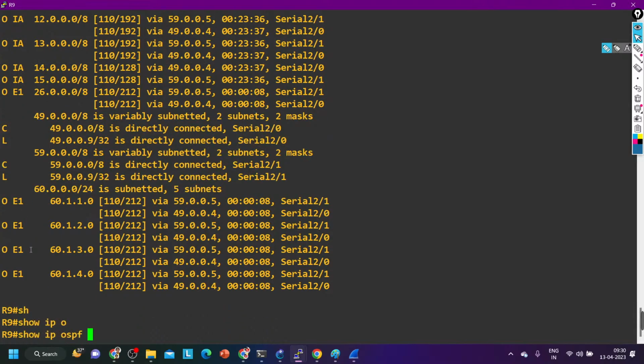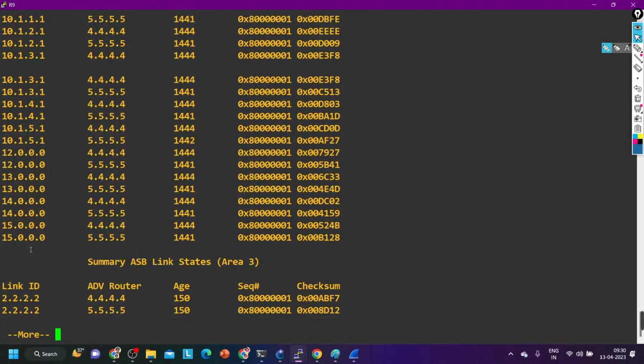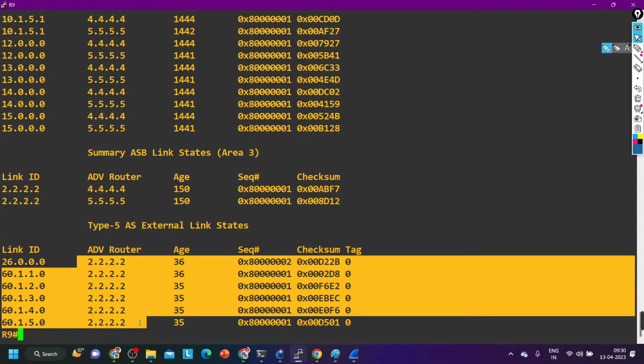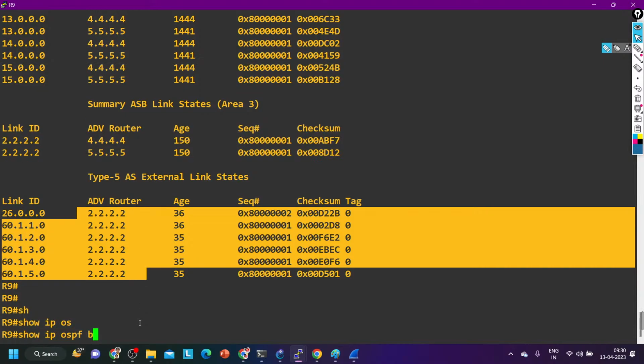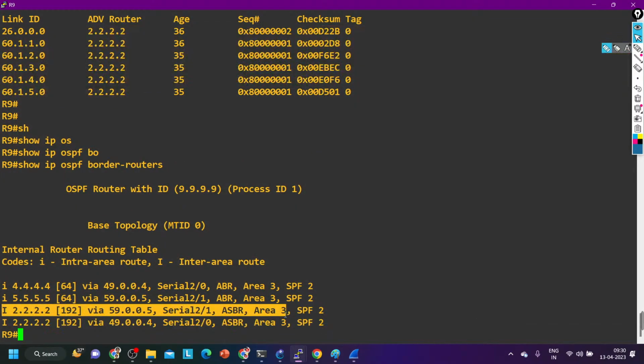So, show IP OSPF database, from router number 2. Yes or no? Advertising router ID is 2.2.2.2. So I will check what is the cost to reach 2.2.2.2. So, show IP OSPF border-routers. What is the cost, guys, to reach 2.2.2.2? 192. Yes or no? Cost is 192.